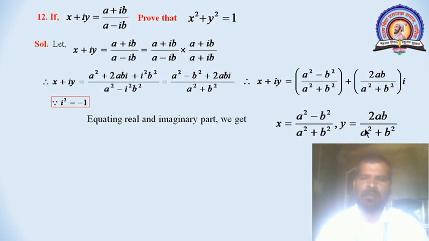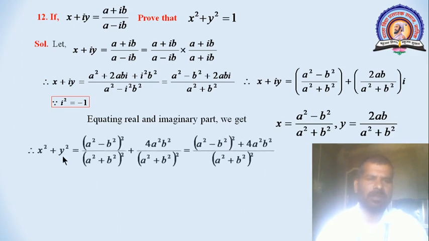Now putting this value of x and y in the LHS, x square plus y square, you will get x square plus y square equal to a square minus b square, bracket square, upon a square plus b square, bracket square, plus 2ab square is 4a square b square upon a square plus b square, bracket square.